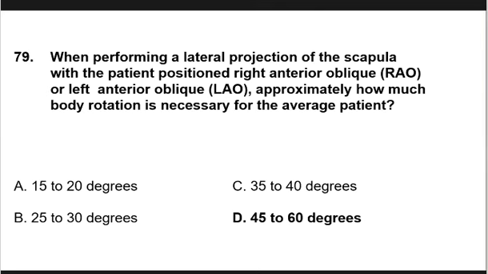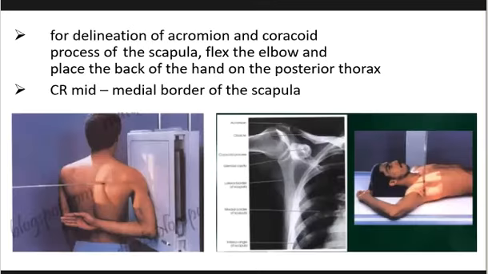So for the lateral projection of the scapula, the patient could be in either RAO or LAO. As we said yesterday, RAO or LAO is also known as anterior oblique or PA oblique. That is the example.